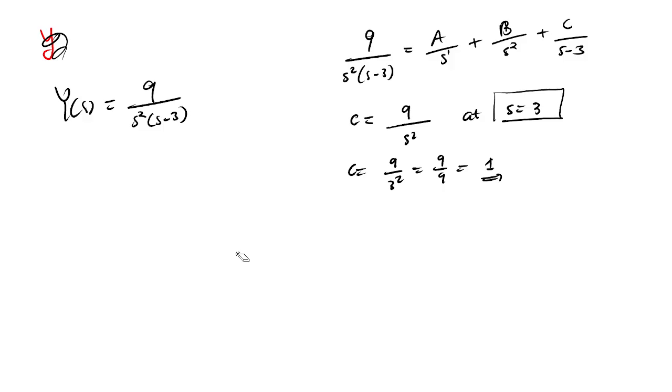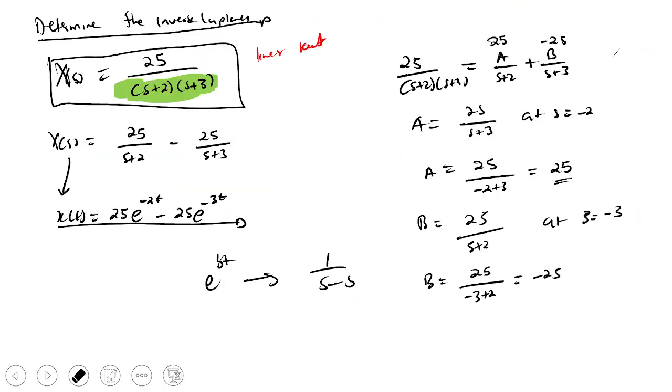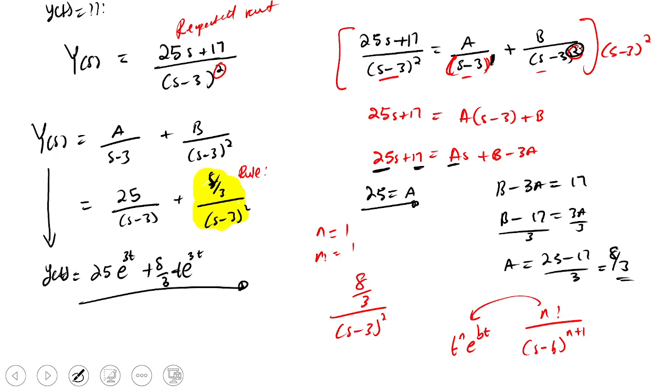Initially, when I explained the hiding method, I said it works when we have linear factors. In the first example we did, we had linear factors, so we just used the hiding method. But in the second problem, we had repeated roots, which we cannot use the hiding method on, because all these roots are the same.